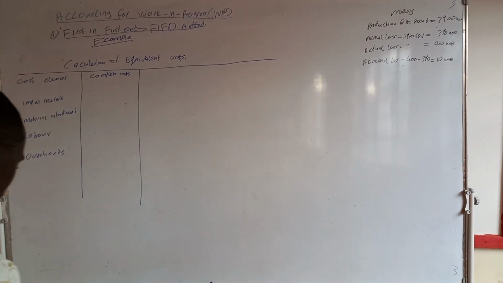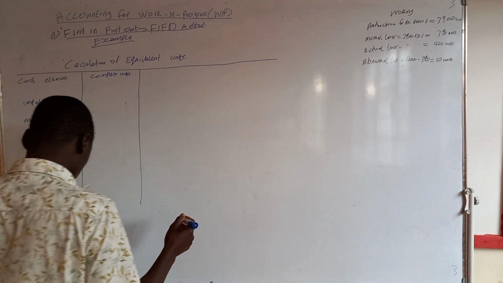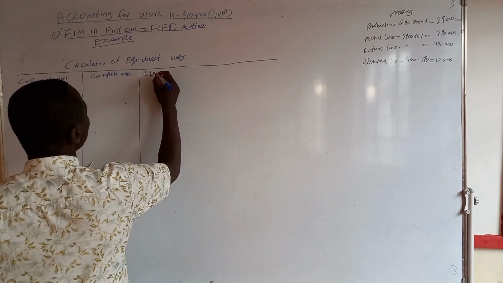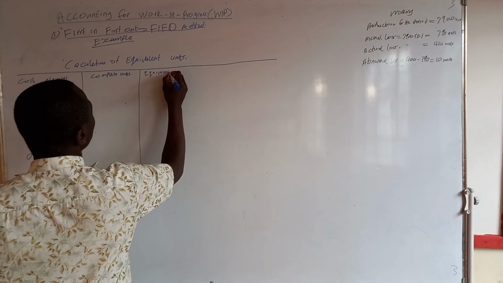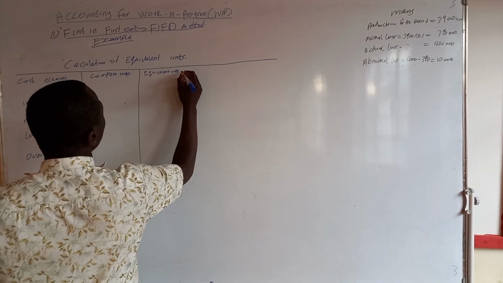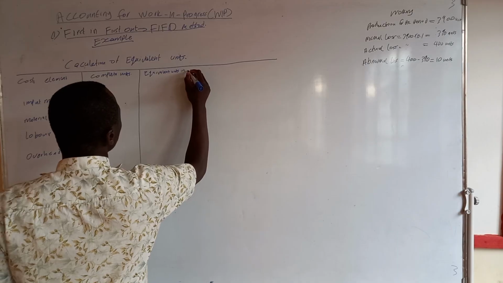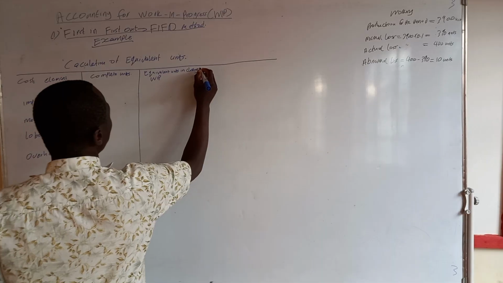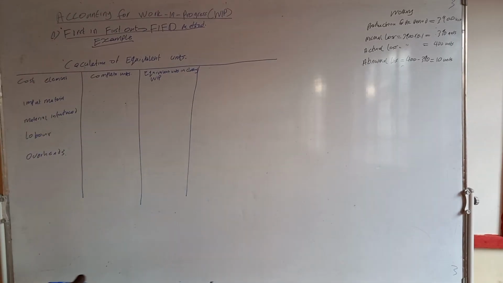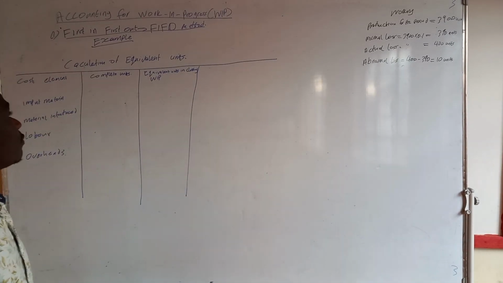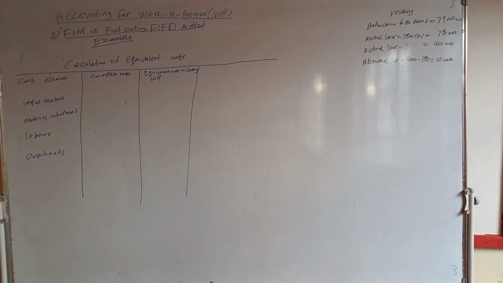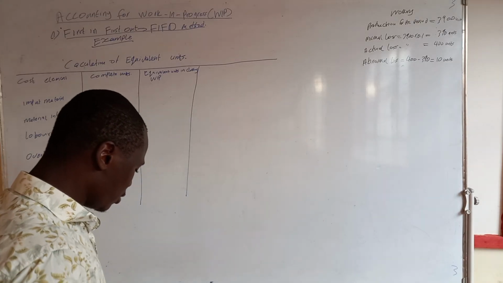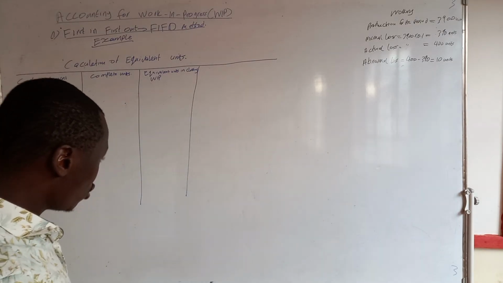We have complete units. We have equivalent units in closing work in progress. Then we have equivalent units in abnormal loss.